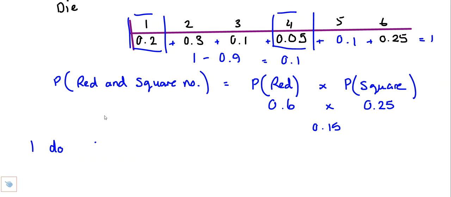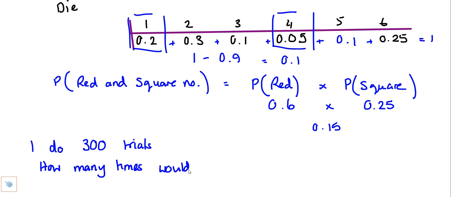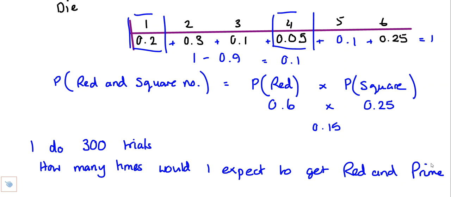Right. So if I said I do 300 trials, how many times would I expect to get red and prime? 2, 3, 5.